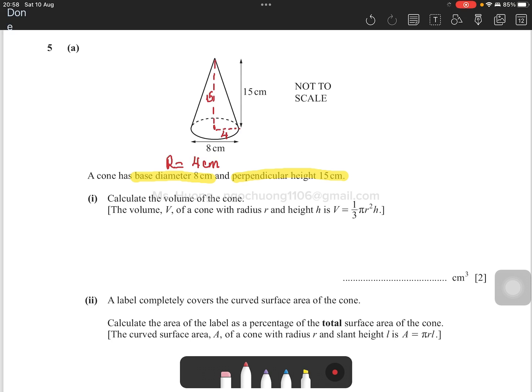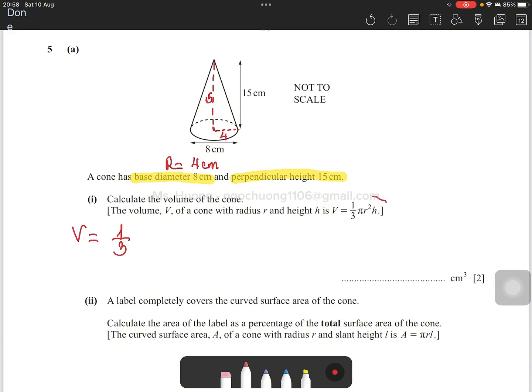You know that the volume of the cone is equal to 1/3 of pi r squared times height. So we substitute the radius is 4 centimeters and the height is 15 centimeters. So this is equal to 80 pi or 251 cubic centimeters.